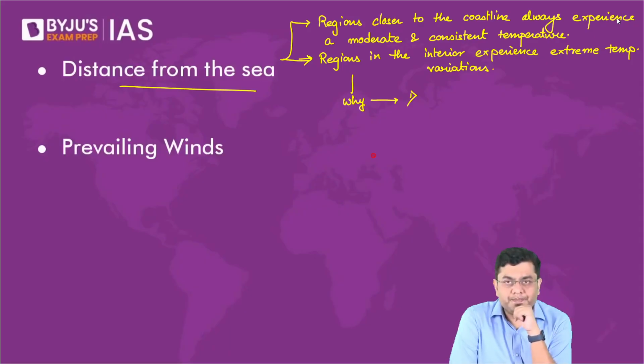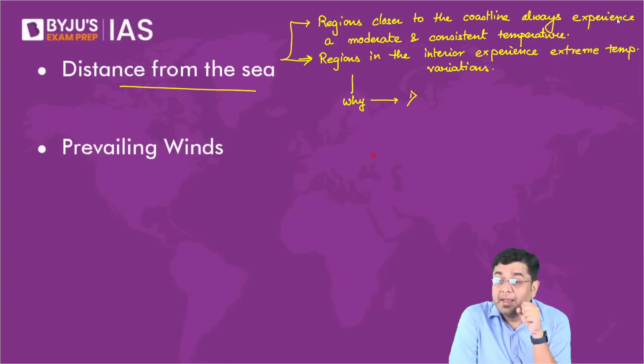Now, what is another reason? The other reason concerns the amount of water vapor in the air in coastal areas. Will it be high or low? Very good, significantly high, very, very high. Now, what did we talk about in terms of the retention of heat by water vapor?